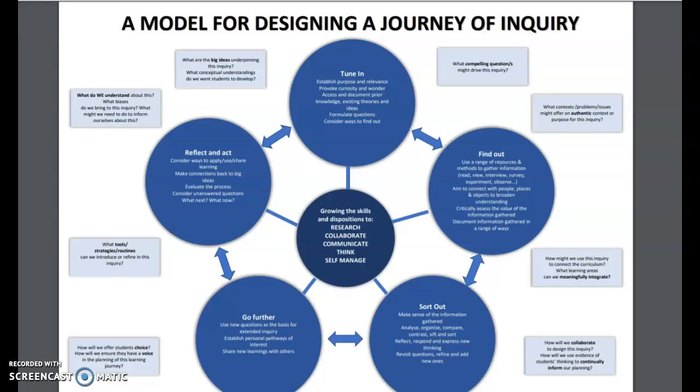So you're not developing a highly detailed, completed unit plan ready for teaching that has the detail of every minute of every lesson. Not like the lesson plan kind of outline, but you're documenting the core learnings in each stage of the Murdoch inquiry model, or her 2019 framework for designing a journey of inquiry.